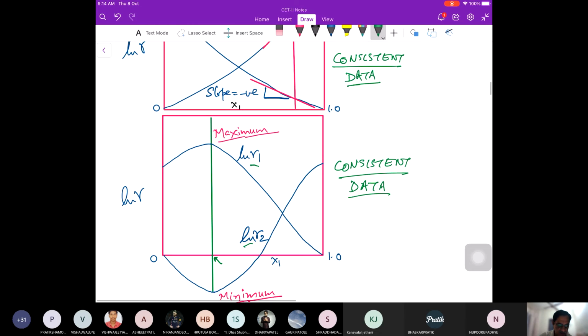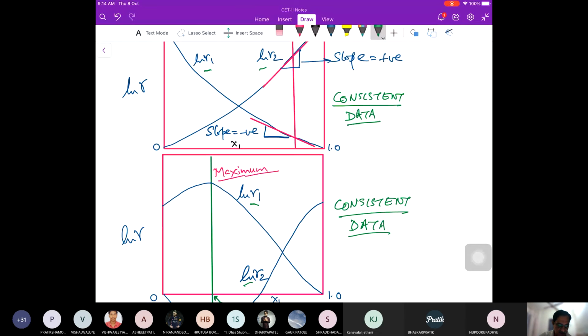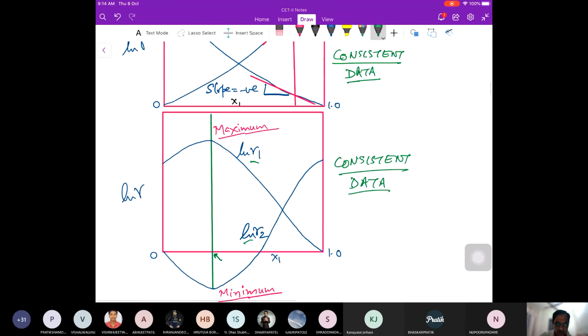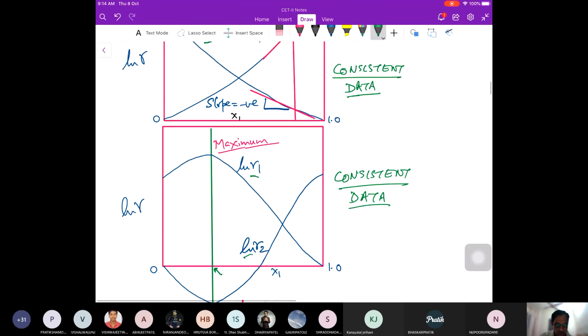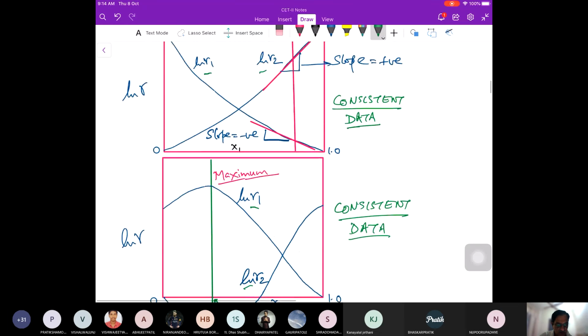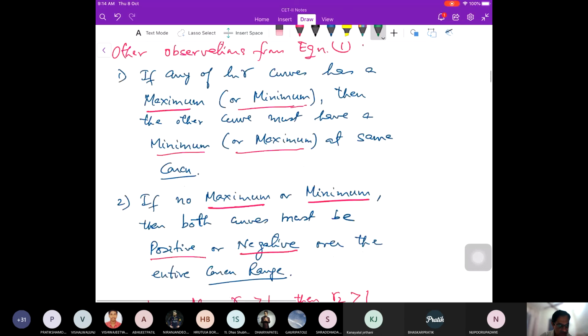So either they have opposite slope signs, like in the first case, or, in the second case, if there's a maximum in the data at a given composition, the other ln gamma curve should have a minimum. Any questions?